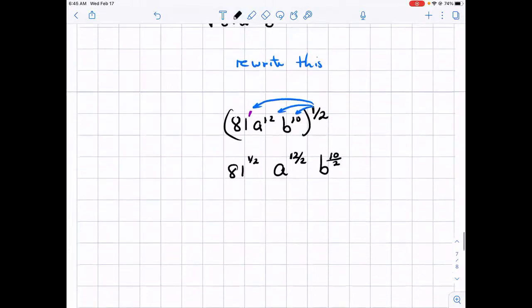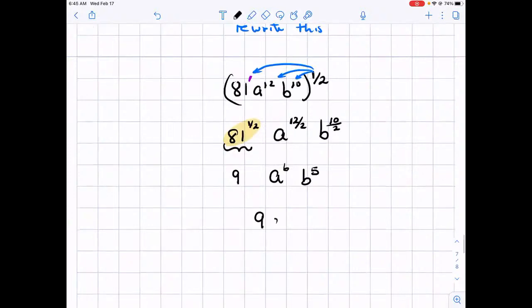And remember, 1/2 power really means square root. So the square root of positive 81 is 9. And 12 divided by 2 is 6, and 10 divided by 2 is 5. So we have 9a to the 6, b to the 5th. So here we have our final answer.